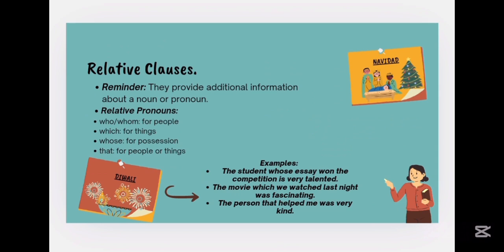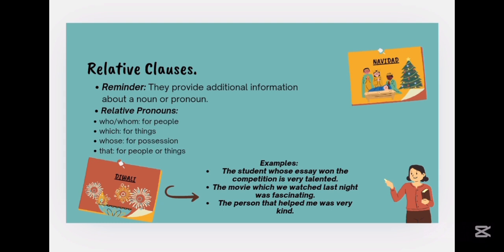A relative clause provides additional information about nouns or pronouns. A relative clause, also known as an adjective clause, is a dependent clause that modifies nouns or pronouns. In the main clause, it provides additional information about the noun. It follows and describes or identifies it further.